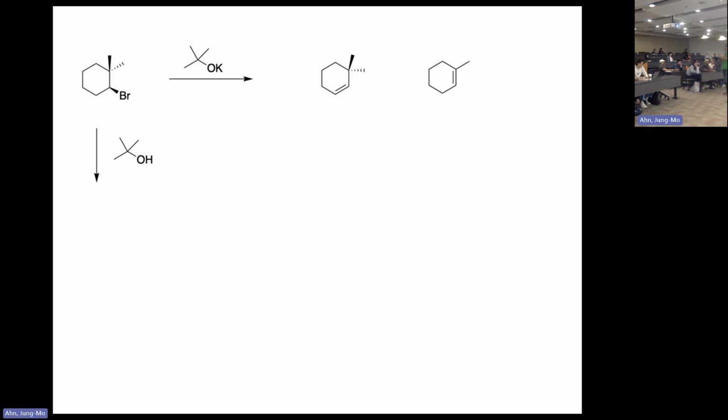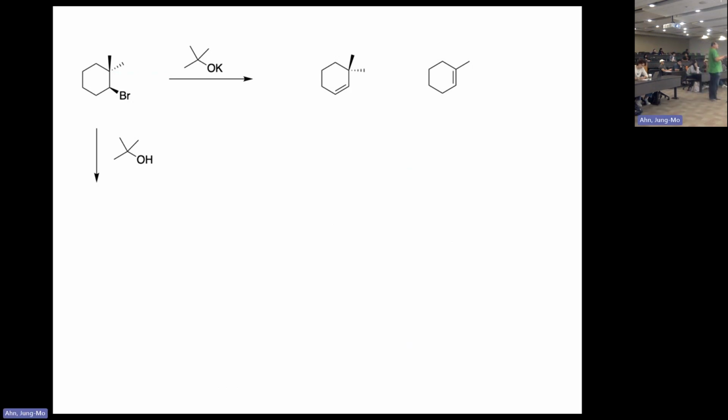Something that you probably need to remember is that the more substituted double bond is more stable, right? So the more substituted double bond becomes the major product. Between these two, this double bond has just one carbon substituent on each side. But this double bond, you can say, is a disubstituted double bond, with two carbon substituents.